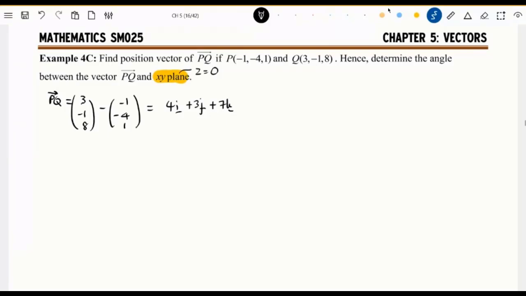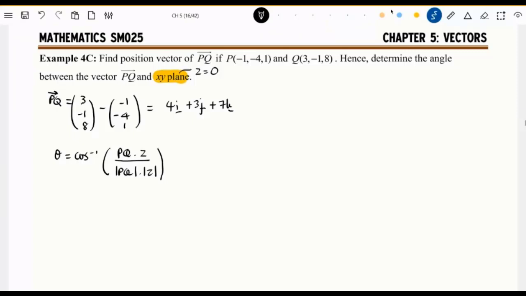So, position vector dia akan jadi, which is dia minta angle. Sekejap. So, we have it to find the angle between inverse cos of PQ. So, let's say saya letakkan dia sebagai Z over magnitude PQ and then magnitude Z.